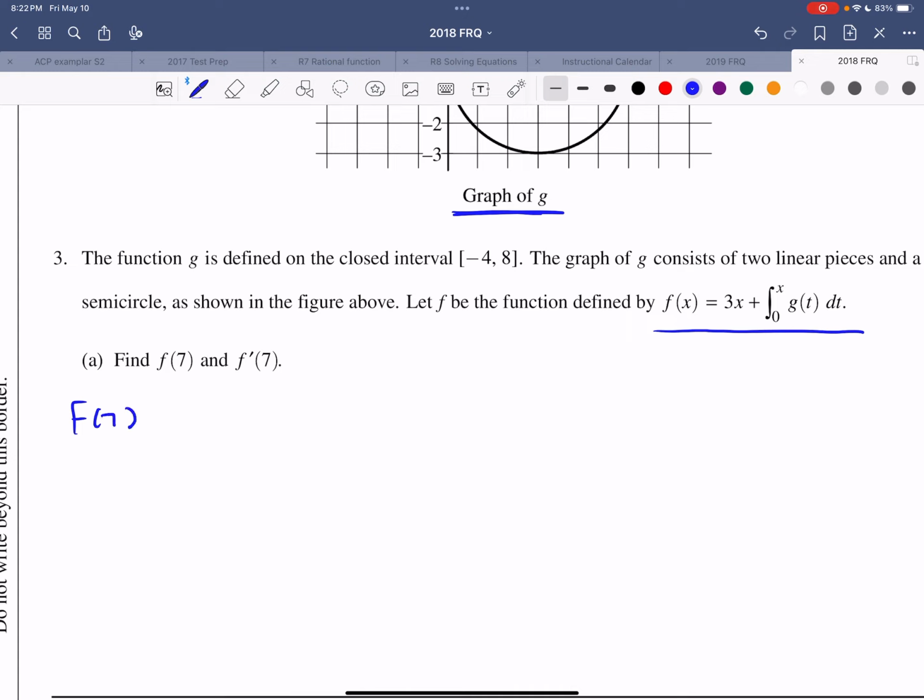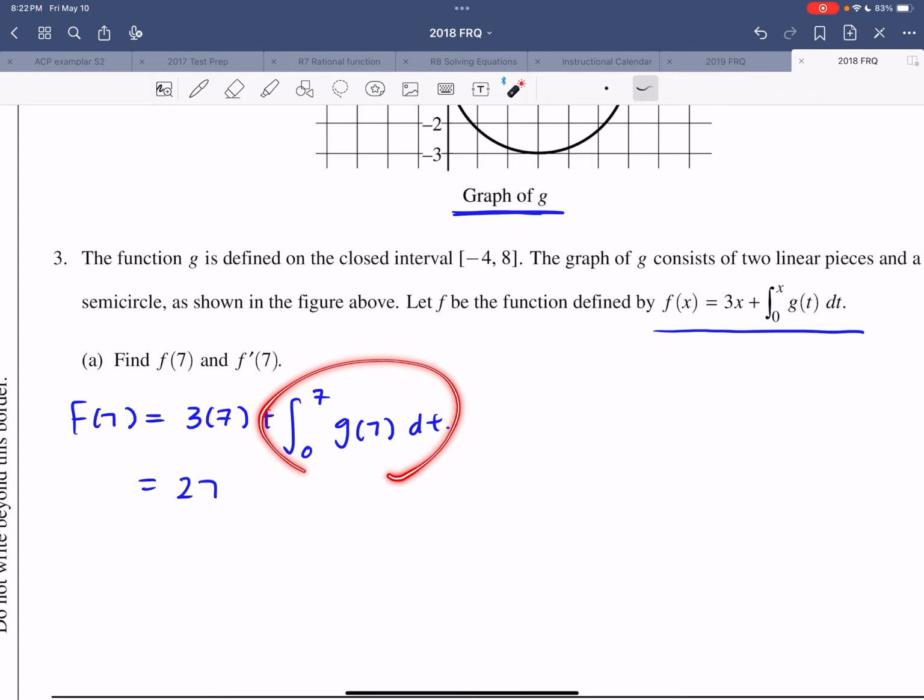For f of 7, the only thing you have to do is plug in 7 here. So it's 3 times 7 plus, instead of x, I put 7, the integral from 0 to 7 of g of t dt. So 3 times 7 is 27.